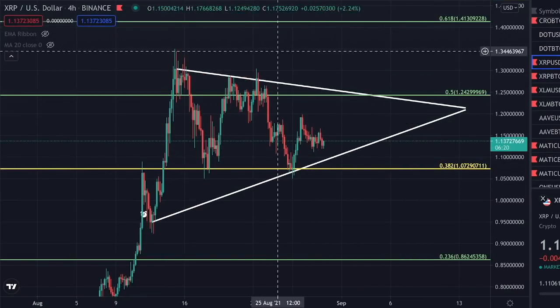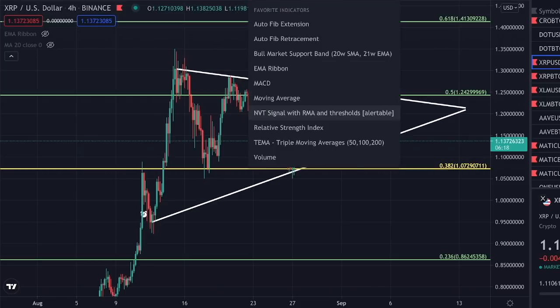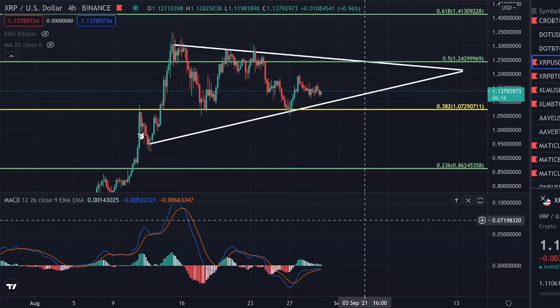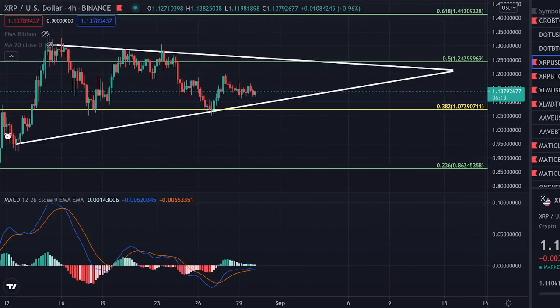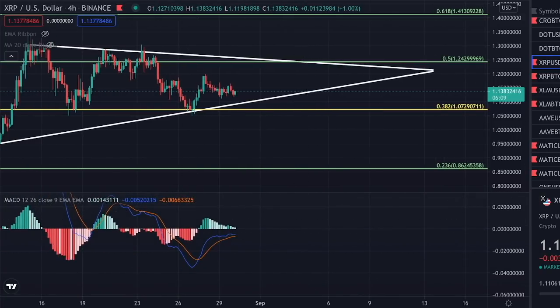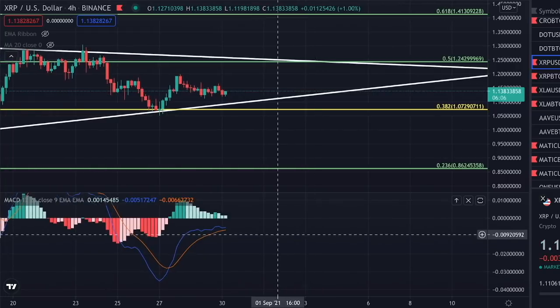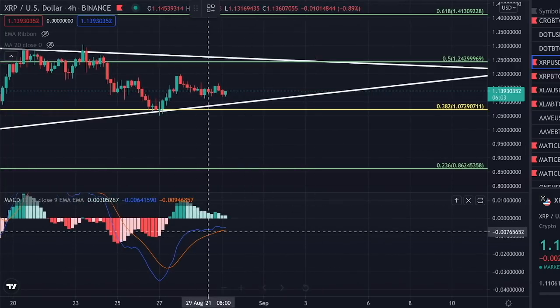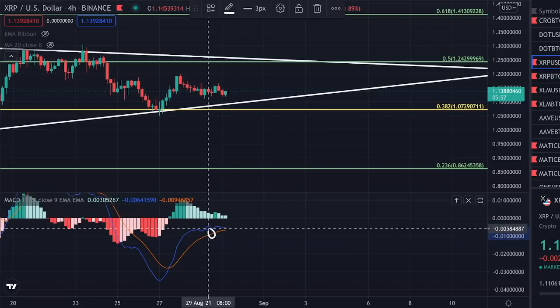Let's get started to take a look at the XRP chart, and also what I think is very important on the 4-hourly time frame, the MACD. If we take a look at the MACD, I think this is very concerning right now due to the fact that we are seeing a crossover on the MACD that might be inevitable. We saw this already yesterday during the night. We saw that we were heading towards a crossover on the MACD.